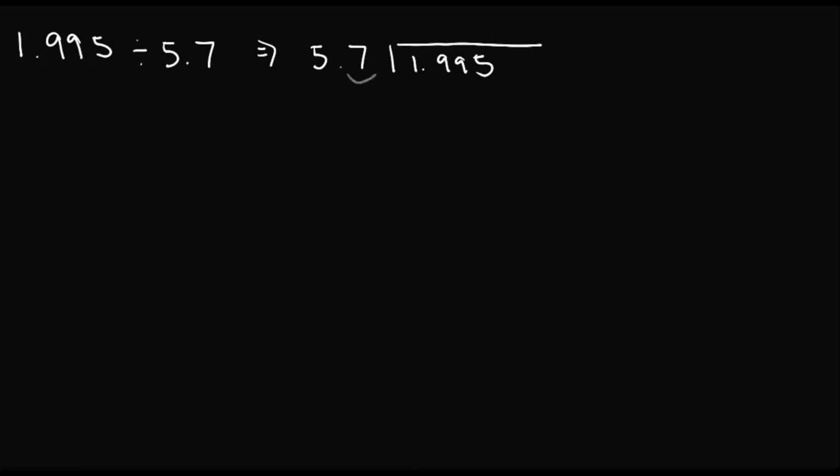So we move this decimal point out here, move this as well here. So this one would become 57 divided by 19.95. And since we have a decimal point out here, we bring that one up right here. So we put a decimal point out here.